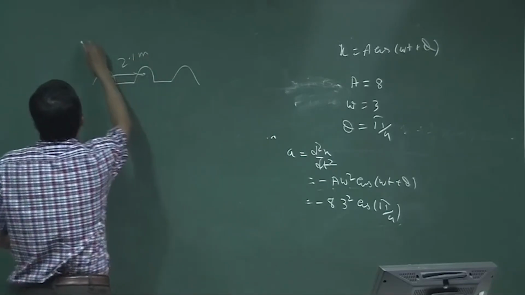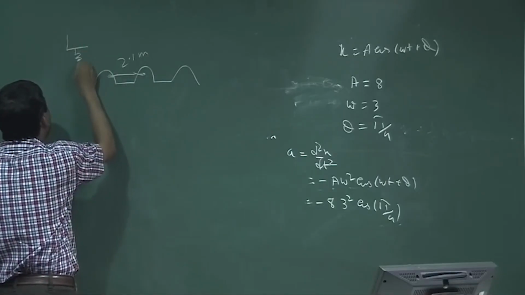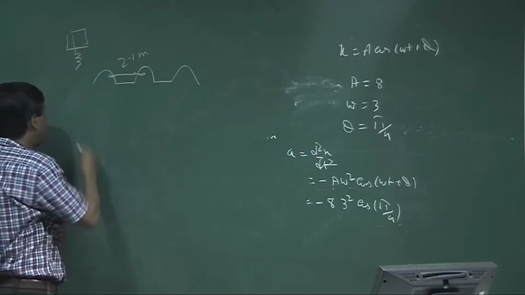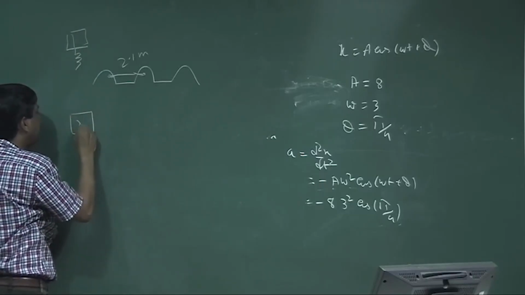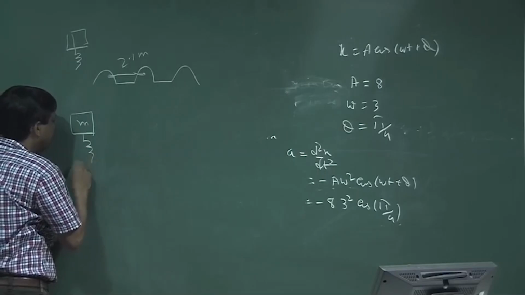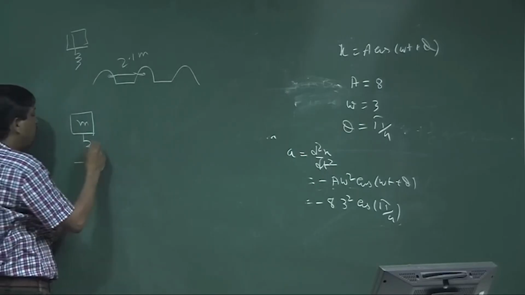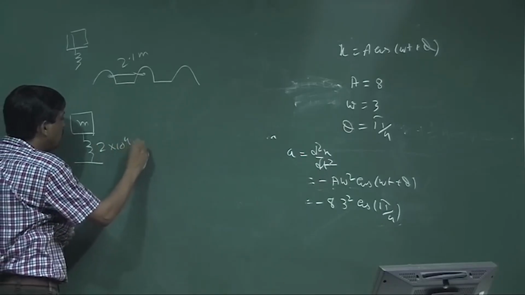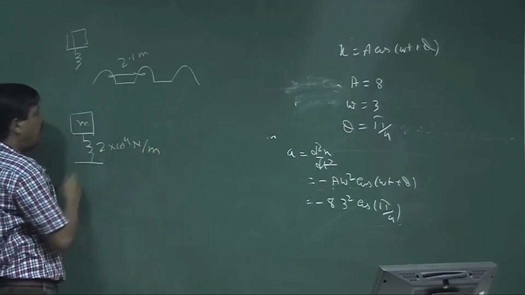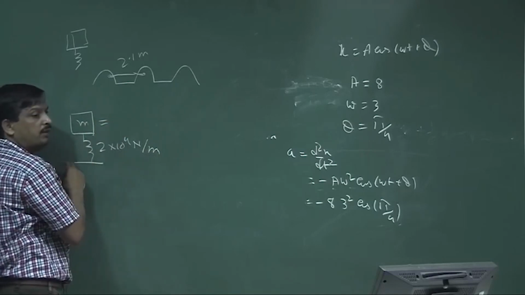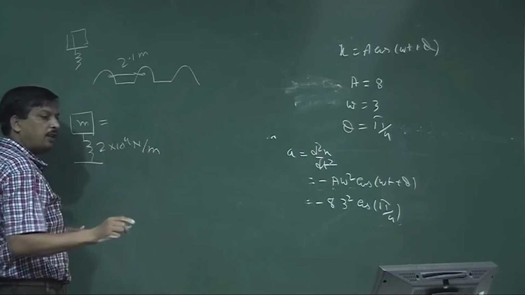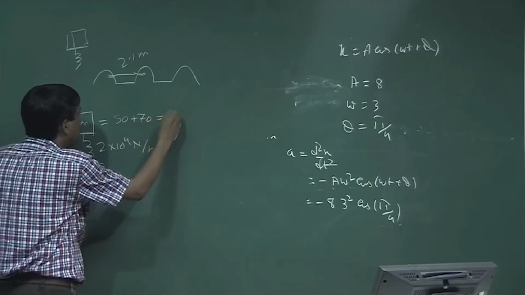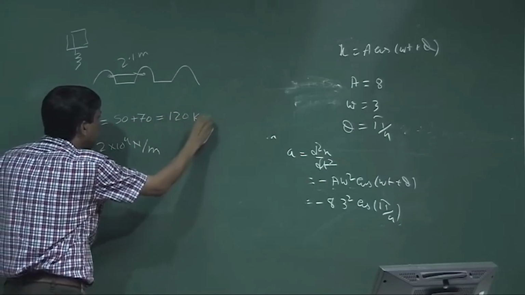Now, the tractor has a seat with a spring, and over the seat I have a mass. So, the system is nothing but a mass spring. Okay. So, spring constant is 2 into 10 to the power 4 Newton per meter, and the mass is the seat mass plus the driver mass, 50 plus 70 is equal to 120 kg.